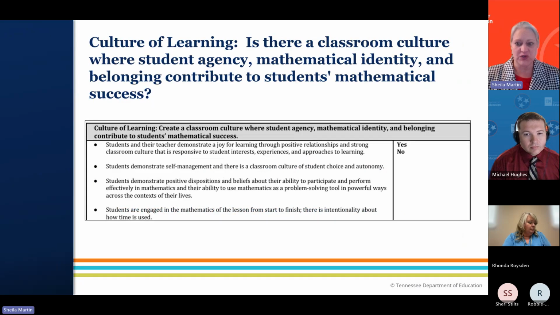So the first thing we're going to do is look at the culture indicators in that top bucket. And this is the question: is there a classroom culture where student agency, mathematical identity, and belonging contribute to students' mathematical success? I'm going to give you 1 minute to read through just this bucket of culture of learning and those 4 parts of that. So go ahead and do that now.